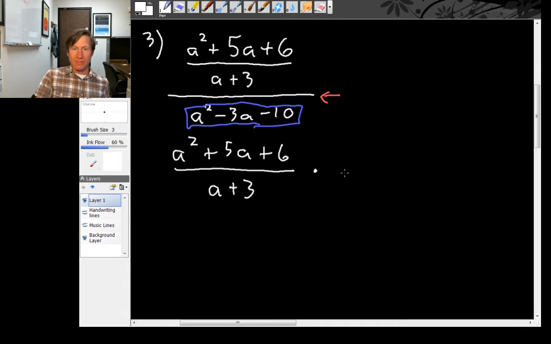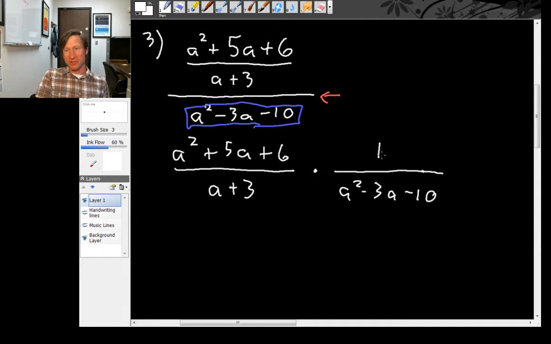So the reciprocal of a squared minus 3a minus 10, well, we need a squared minus 3a minus 10 in the denominator here. And right, this rational expression, a squared minus 3a minus 10, doesn't really have a denominator, but that means the denominator is really 1. So the denominator becomes the numerator when you do the reciprocal, so we get this.